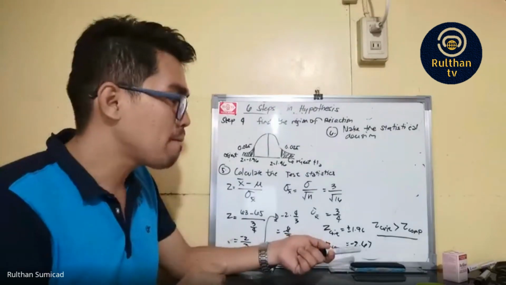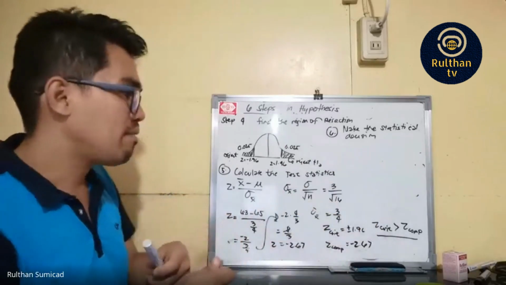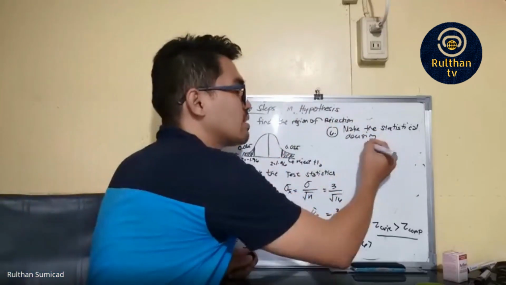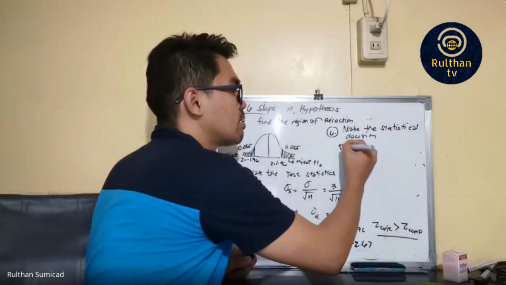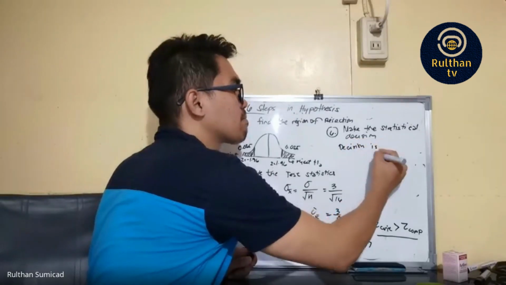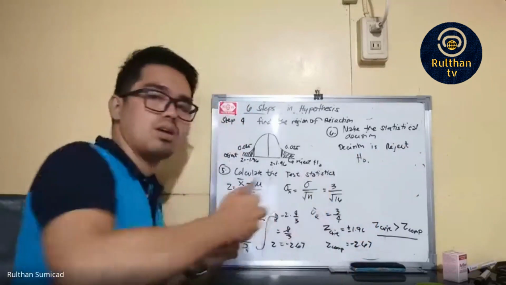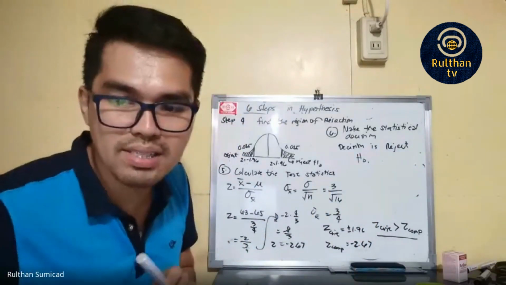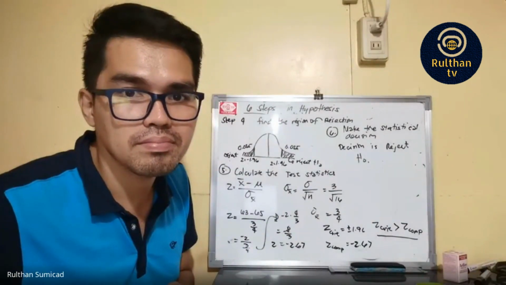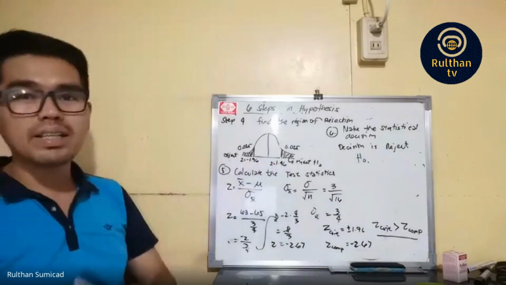That makes z critical greater than the z computed. If that's the case, then we reject. Our decision is to reject H sub O. We reject the null hypothesis.